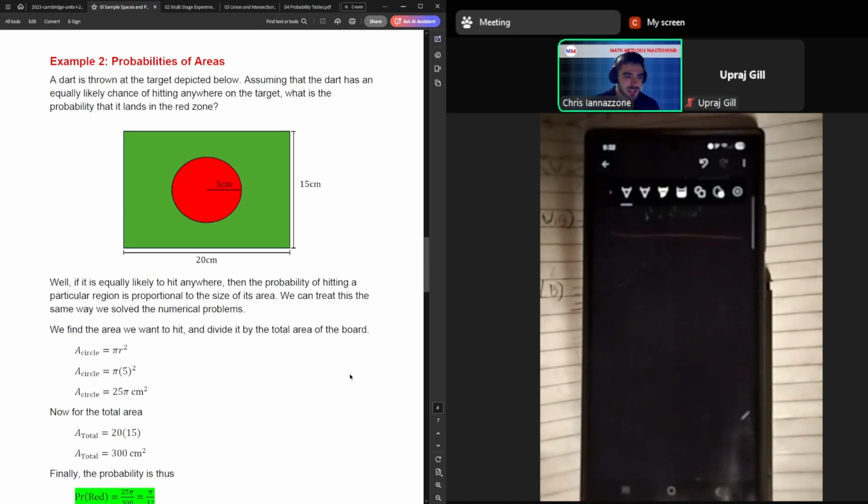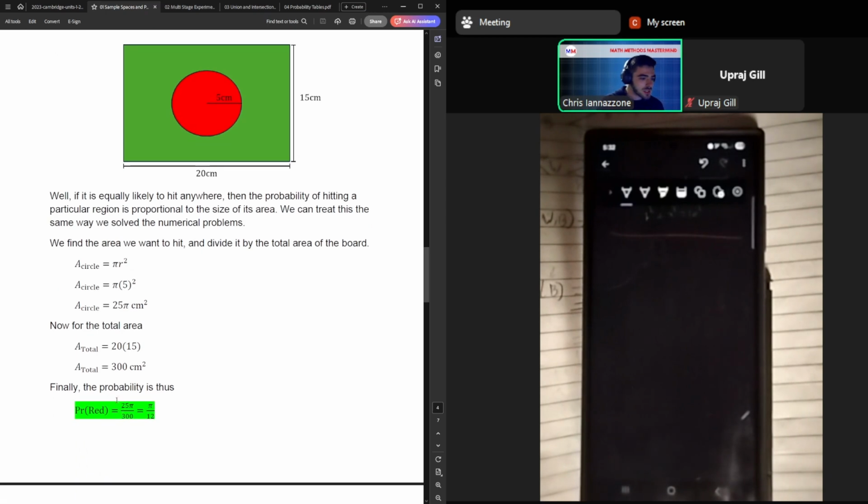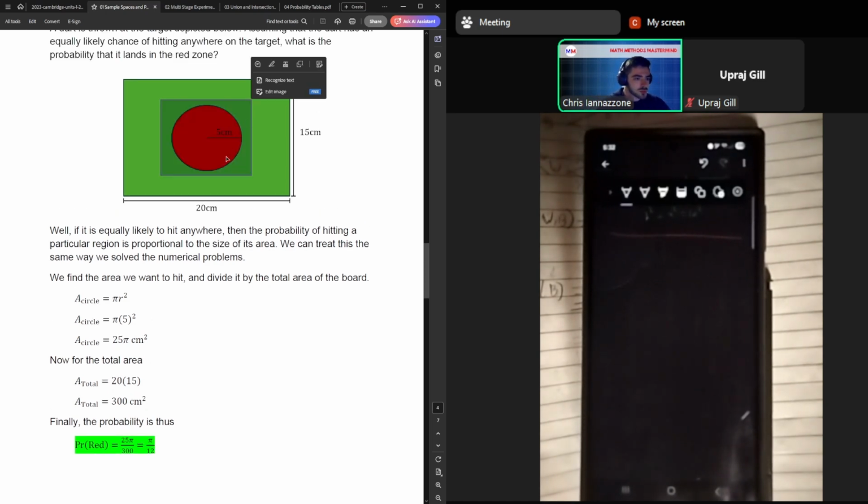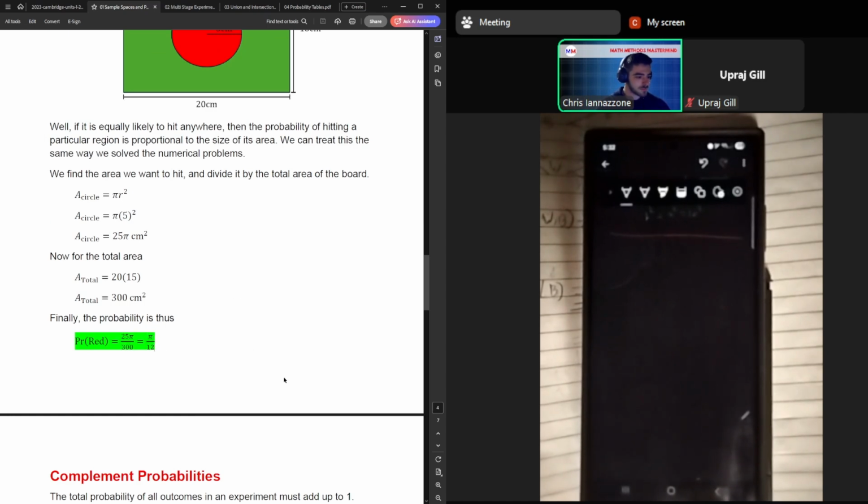So if it's equally likely to hit anywhere on that dartboard, then our total sample space is going to be the area of the entire board, which is our rectangle. 20 by 15 gives you the area of that rectangle. Then, probability of hitting the red means that red is favourable, so we would find the area of the circle, and that becomes our numerator because that's the favourable outcome. And from there, you simplify.